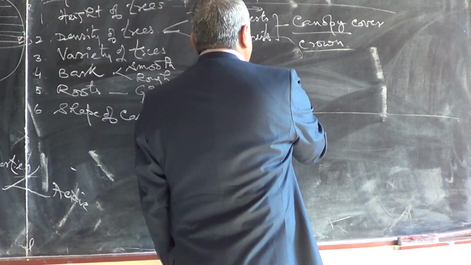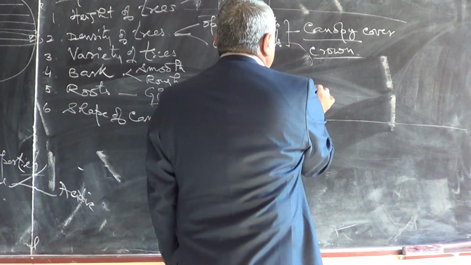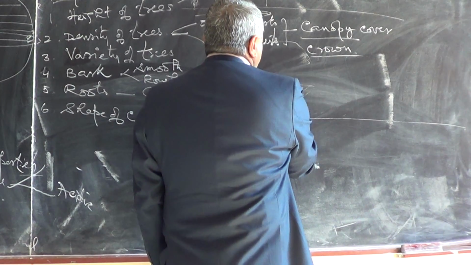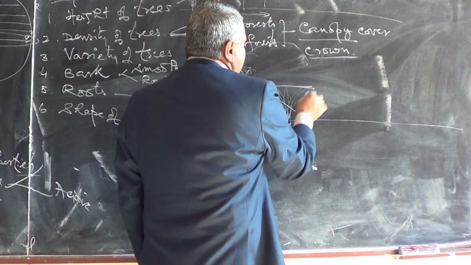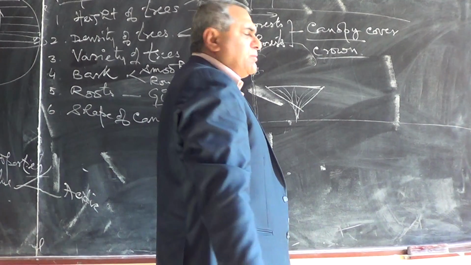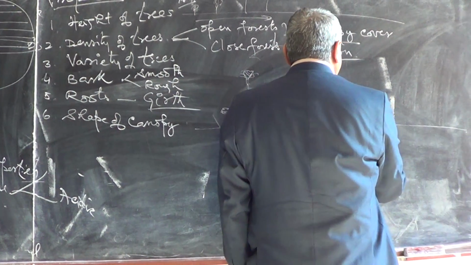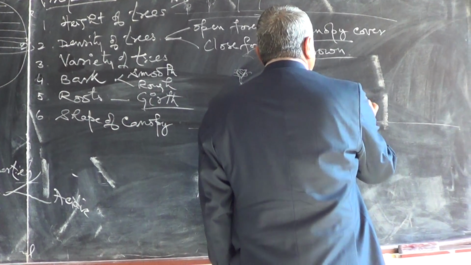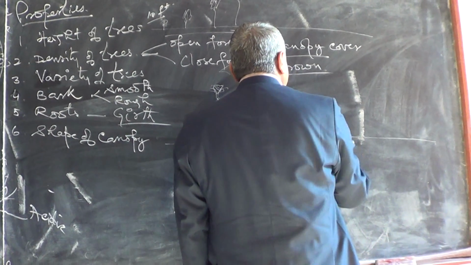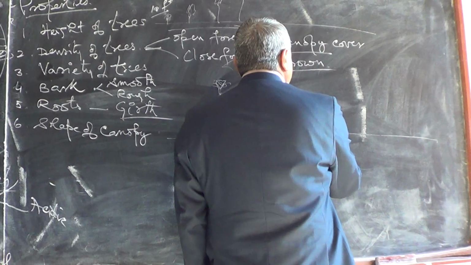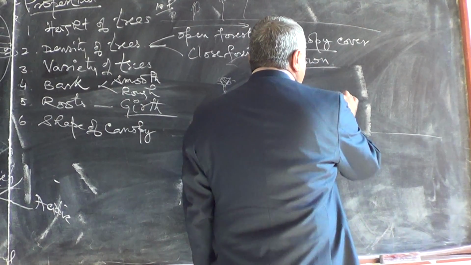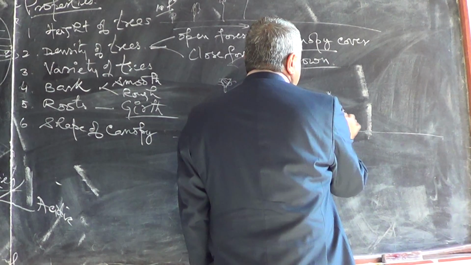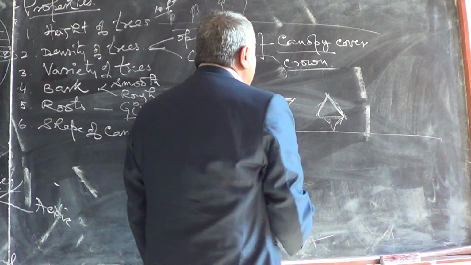Sometimes the canopy is like this, so the top is flat. Sometimes the canopy is like this, the top is conical. It's a reverse triangle.